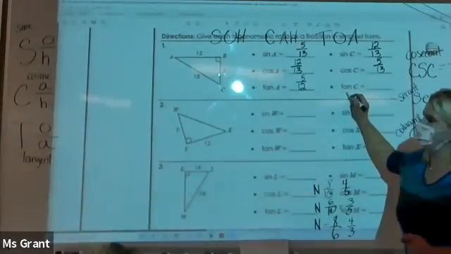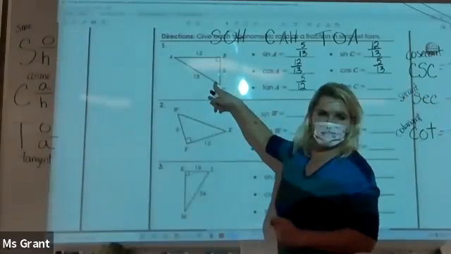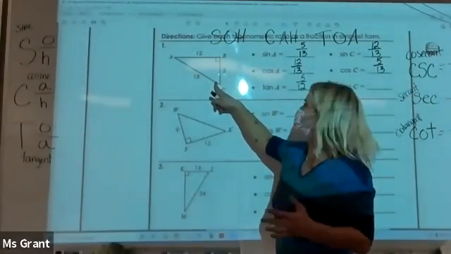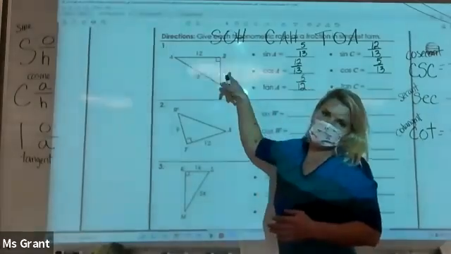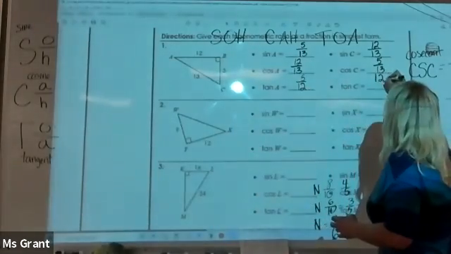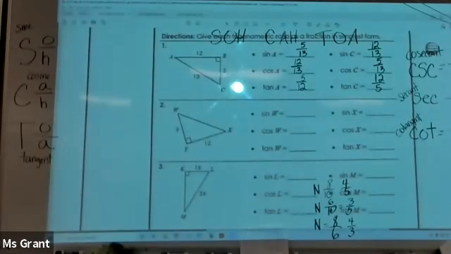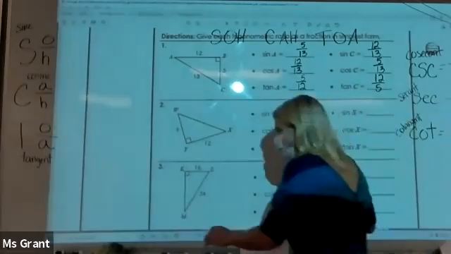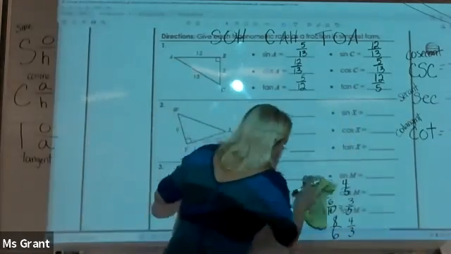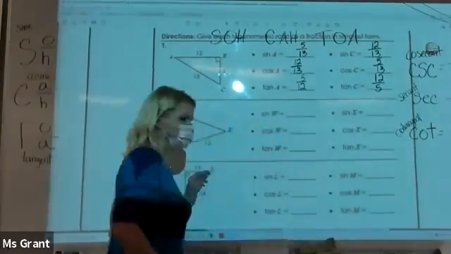Tangent of angle C. Here's angle C. Opposite over adjacent. Opposite is 12, adjacent is 5. 12 over 5. All right. Questions on number 1?